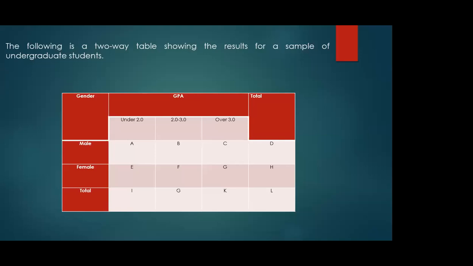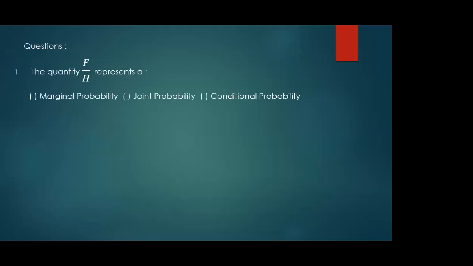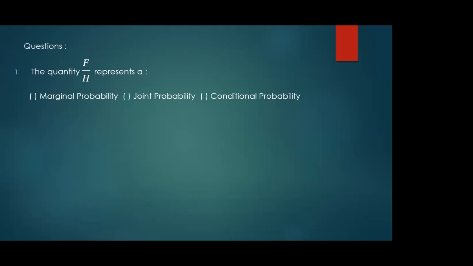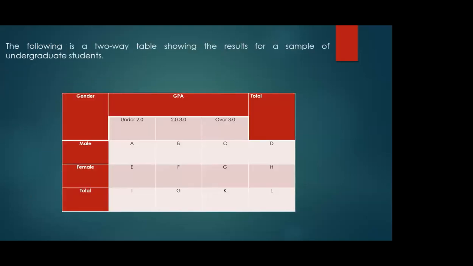That's correct. It represents a joint probability. All right, then the last question, well, you guys should know the answer. The quantity H over L represents what? So we have H divided by L. What does it represent?